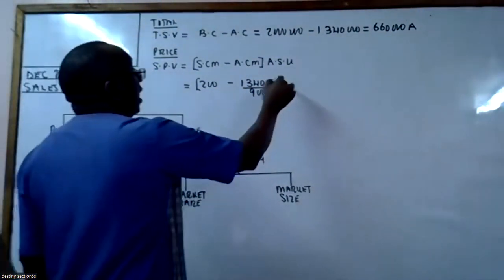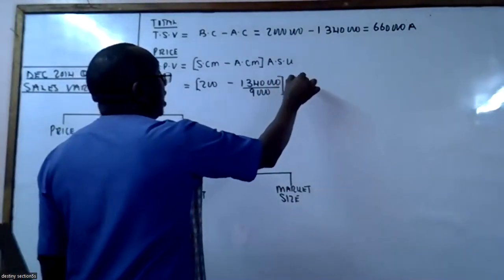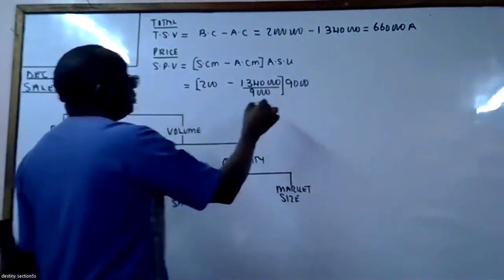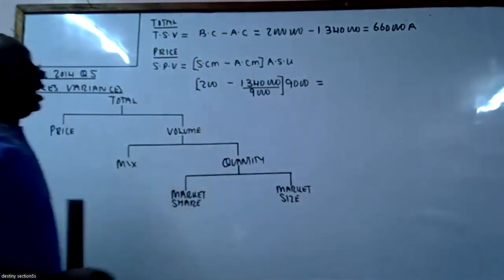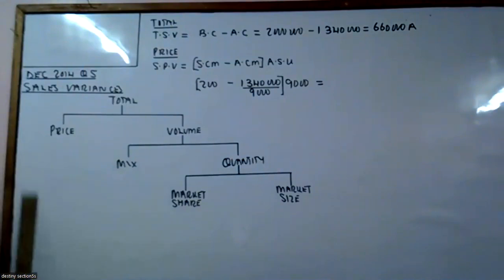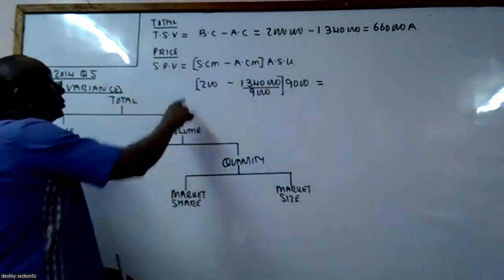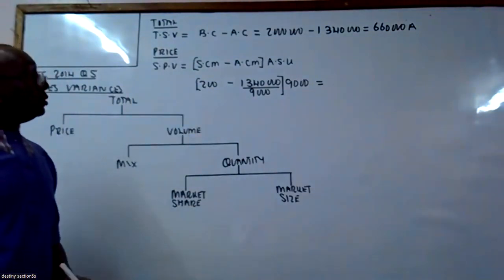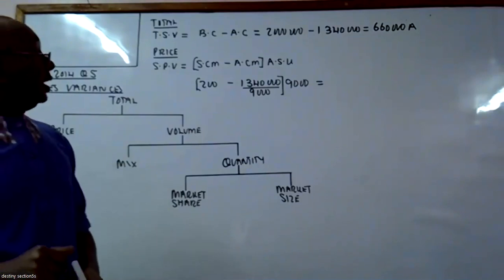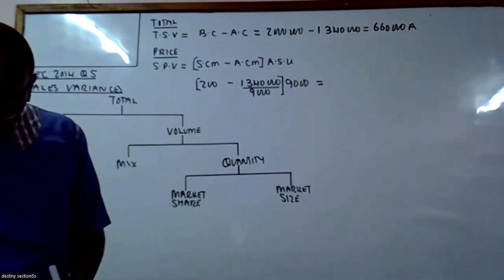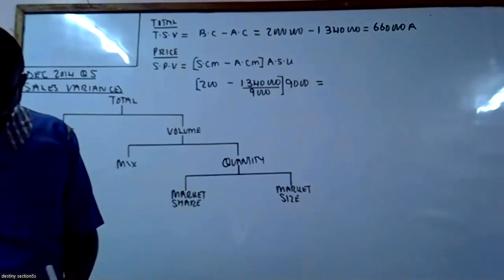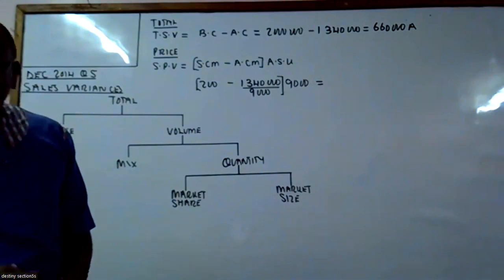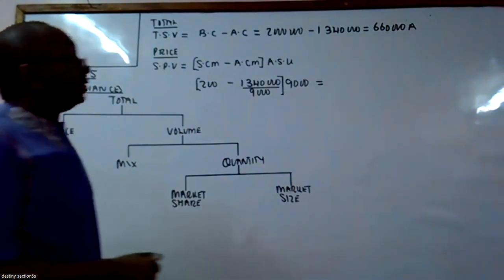Then you multiply by the actual sales units, which are 9,000. So work that out and tell me what it is. 460,000, good.